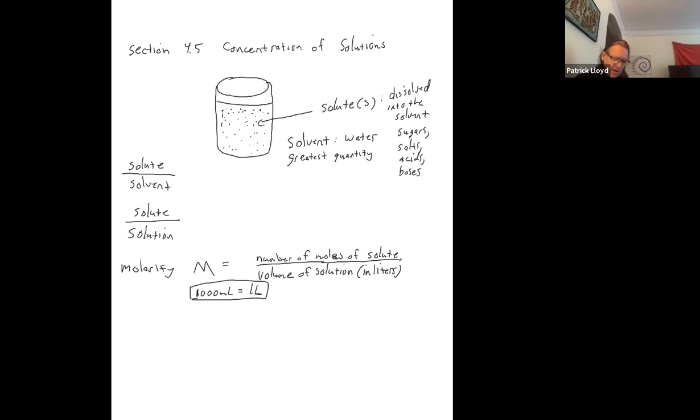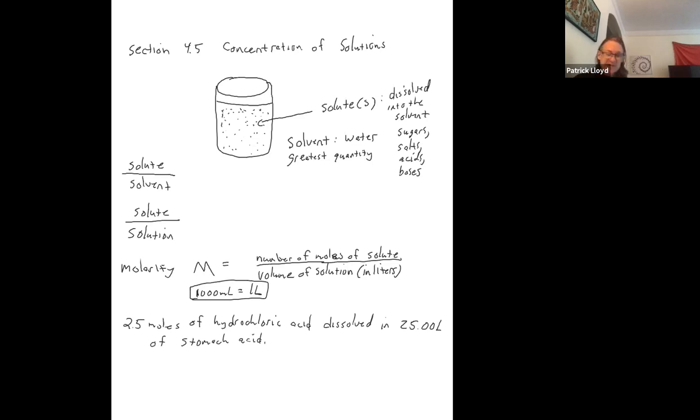Okay. So let's take a look at an example. Suppose I have 2.5 moles of hydrochloric acid dissolved in 25.00 liters of stomach acid.